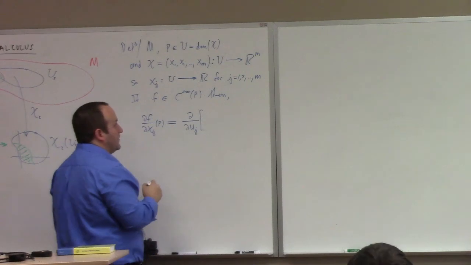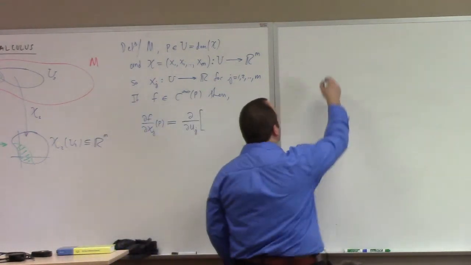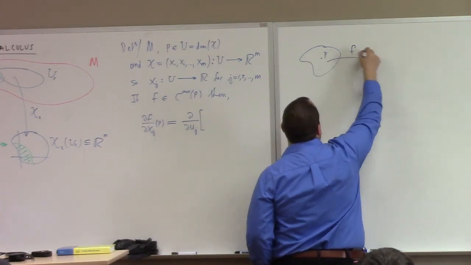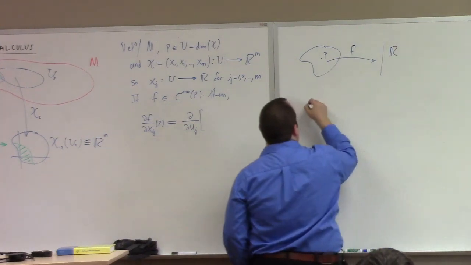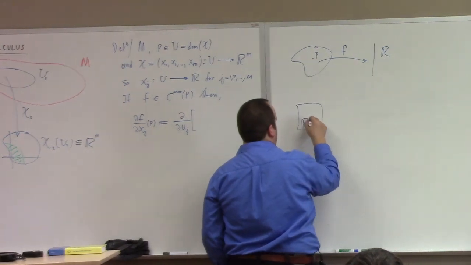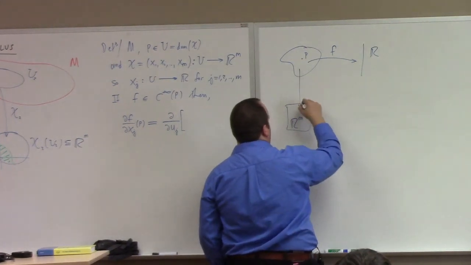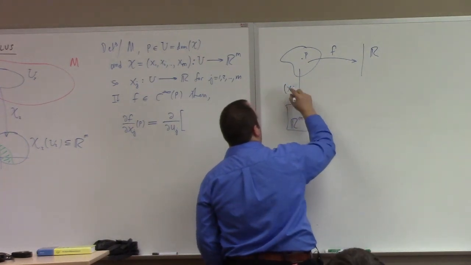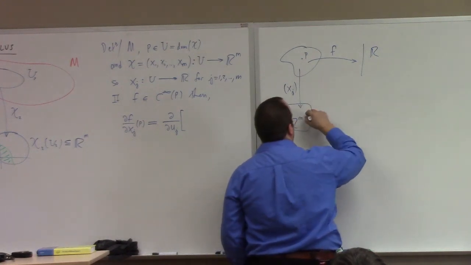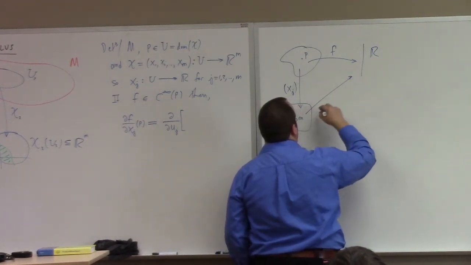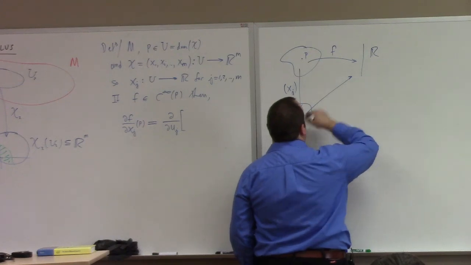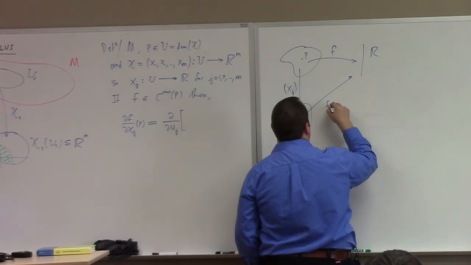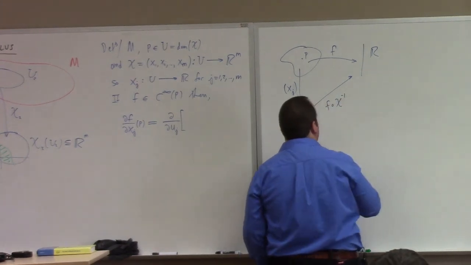Let's see here. I need to draw a picture. This helps me keep track of what I'm doing. This was F composed with chi inverse, or x inverse.